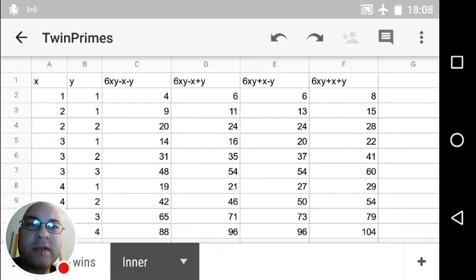We'd have a mapping that every number greater than L could be mapped onto 3 numbers: an x, a y, and a number from 1 through 4, just to designate which of these 4 forms we use to compute it. Either the minus x minus y form, the minus x plus y, the plus minus, or the plus plus.